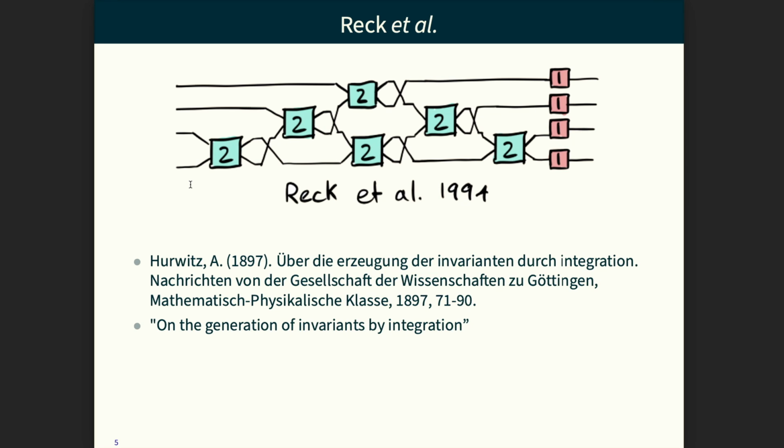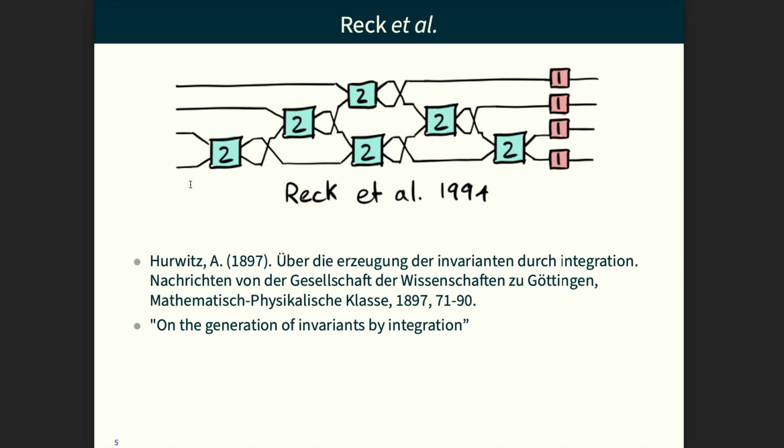Now, it turns out that the scheme there, so this here is a beam splitter and a phase shifter. And here you have a bunch of phases at the end, right? So it turns out this is really brilliant.